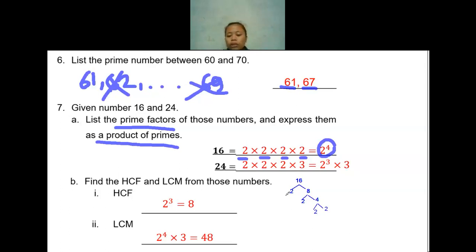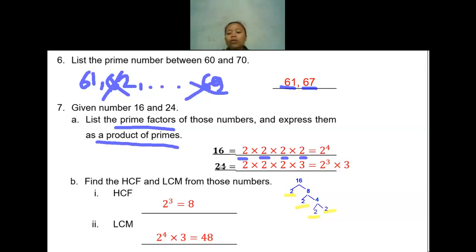There are number 2, this is also number 2, and there are 4 numbers of number 2. That's why here I write it as 2 times 2 times 2 times 2. 4 times of number 2, I multiply all of them. Because there are 4 numbers of number 2, I can simplify it as 2 to the power of 4.